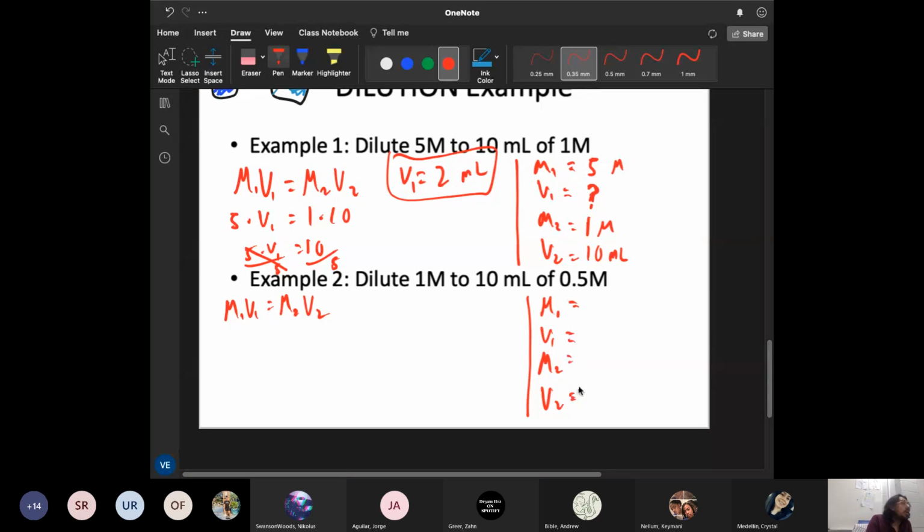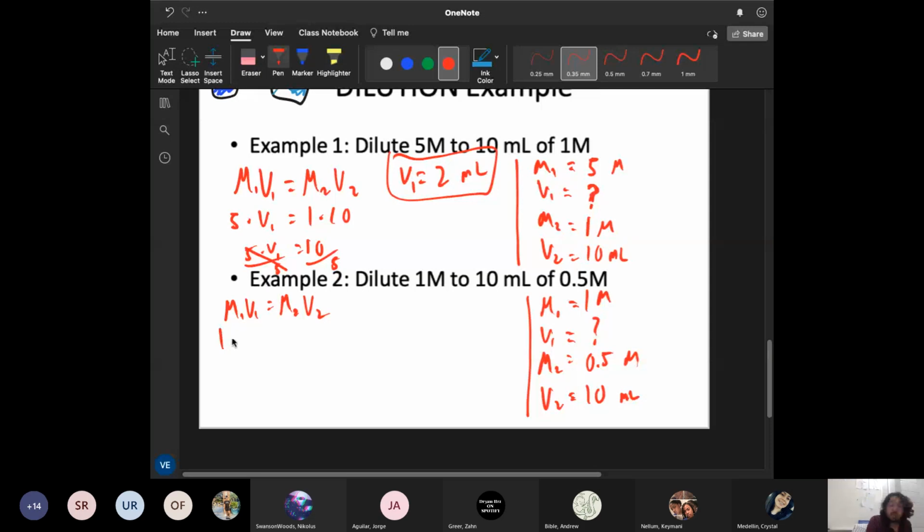Okay, so our original concentration is 1 molarity. We don't know what the original volume was. The new concentration is 0.5 and the new volume is 10. Plug and chug. So 1 times V1 equals 0.5 times 10.